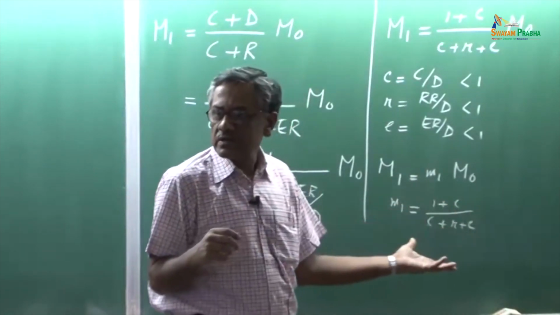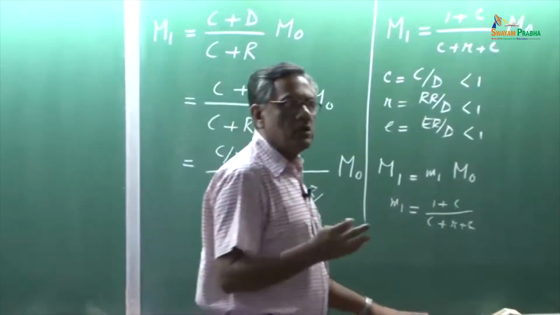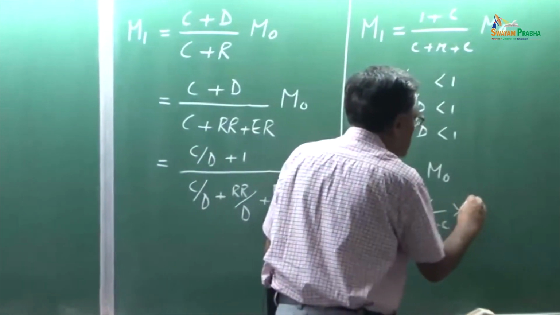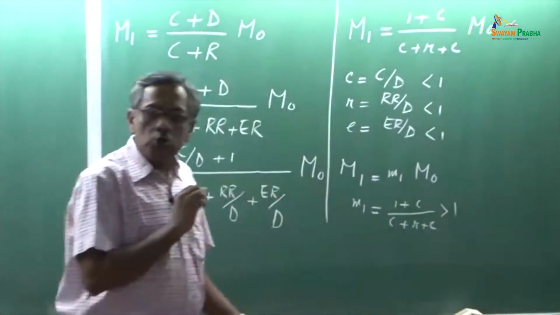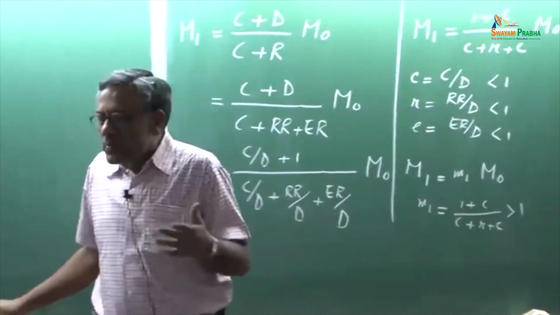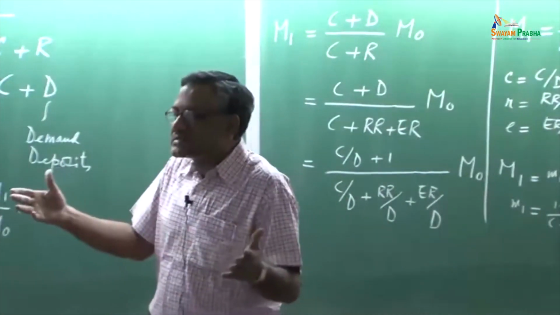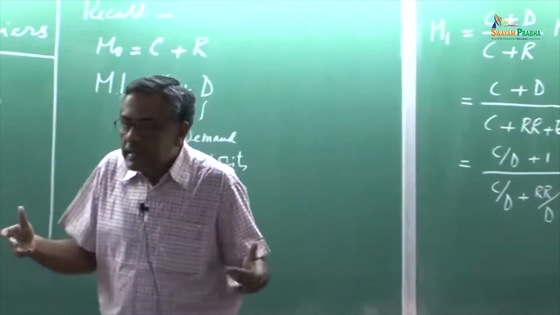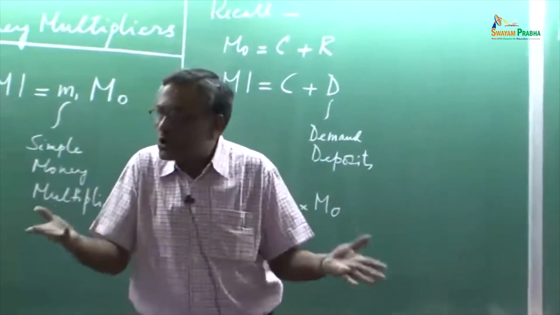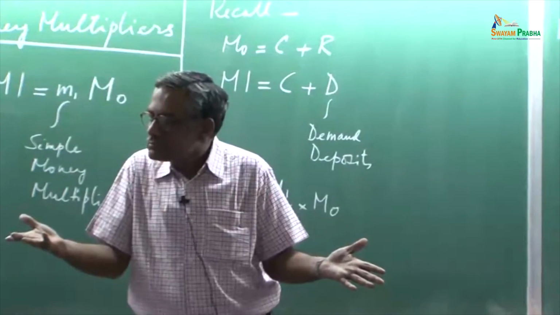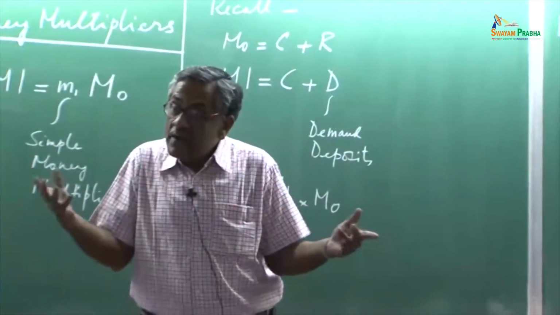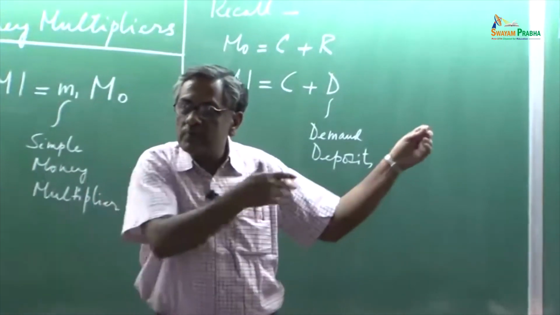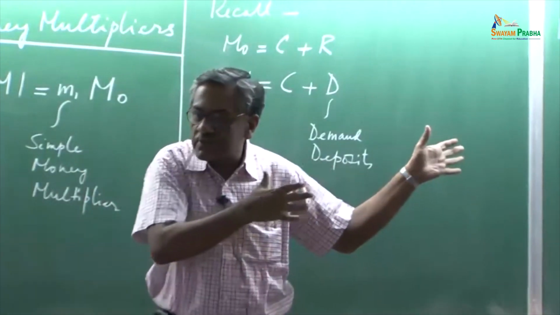So, it is definitely greater than 1. Here you have the simple money multiplier. So, just the way human beings are and what banks do to people, a multiplier is born, and that exists. I am trying to show that to you with the help of some simple notations and algebra.